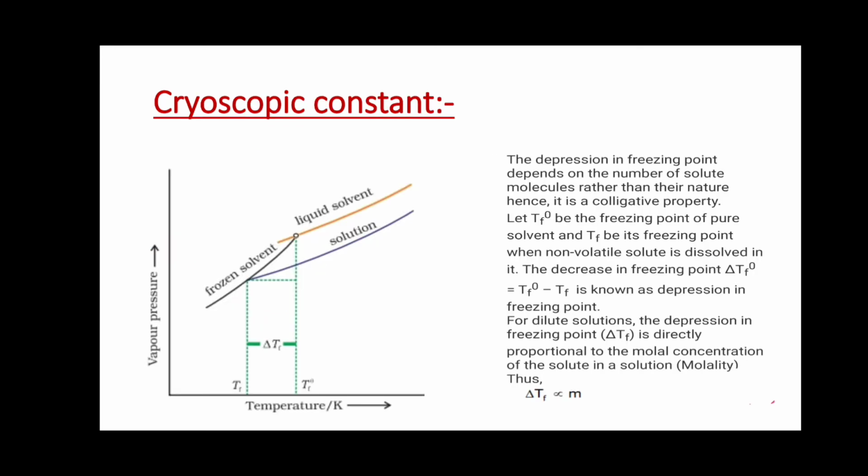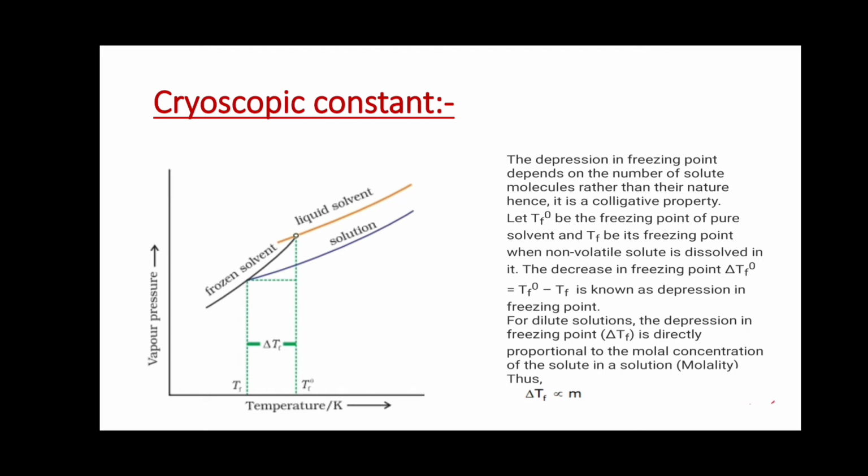So let us take one graph, again vapor pressure versus temperature. In the first case we take the pure solvent in frozen, solid state. As the temperature increases, at a certain point it is converted into liquid solvent. So this is the first graph.